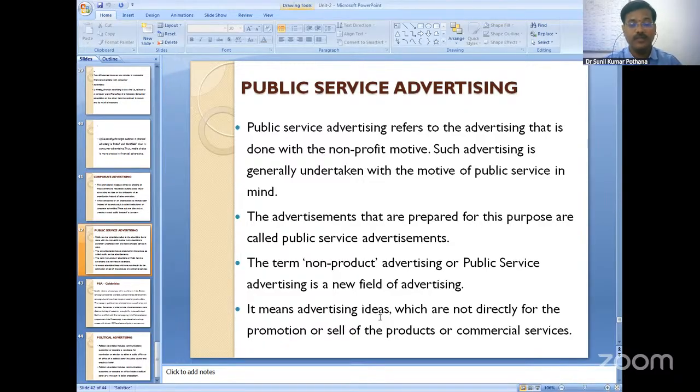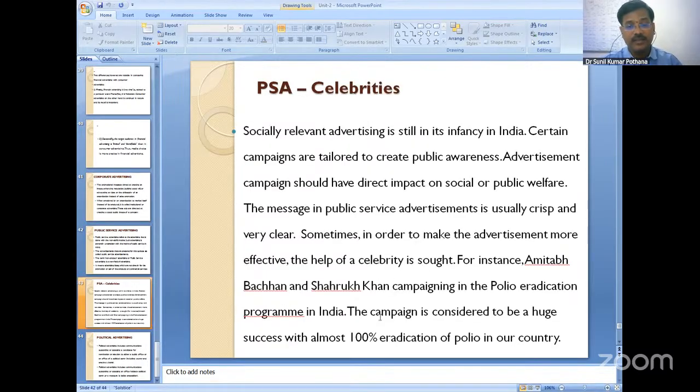Amitabh Bachchan advertised the two drops of polio, which we witnessed earlier, and there are family planning related advertisements, and recently COVID related advertisements, standard operating procedures. Many celebrities gave their messages in the form of public service advertising.